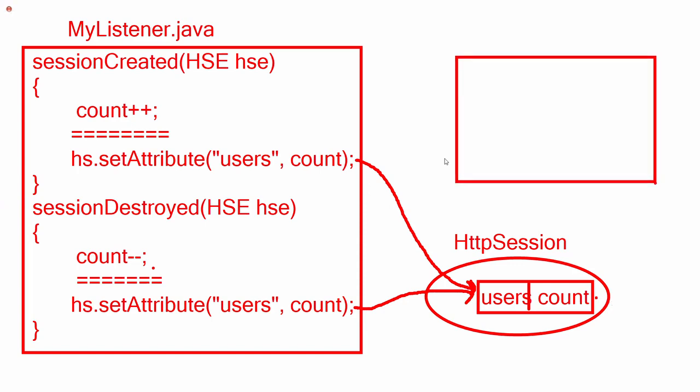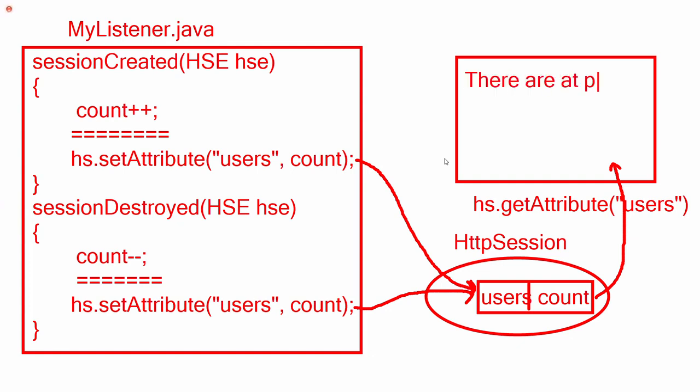Here get attribute. HS dot get attribute users, then we'll get the count. The count comes here. There are at present count users accessing this server.